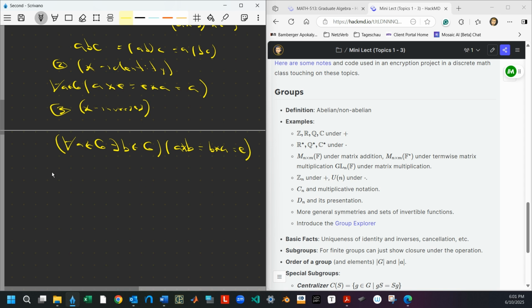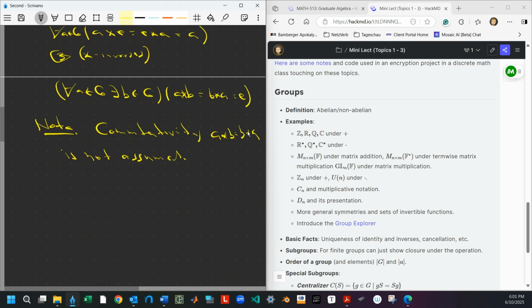So, one thing to note: commutativity, which is A star B equals B star A, is not assumed. If commutativity holds, then the group is called commutative, or abelian.